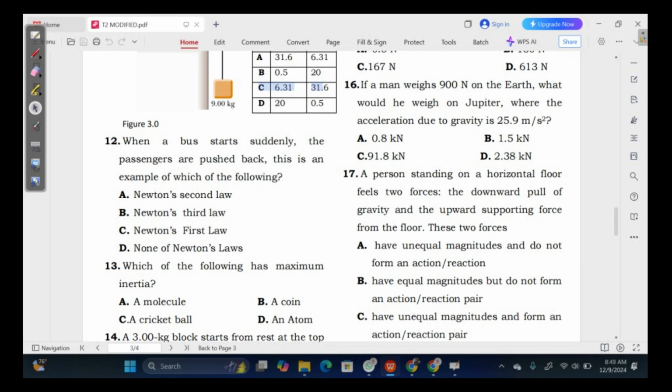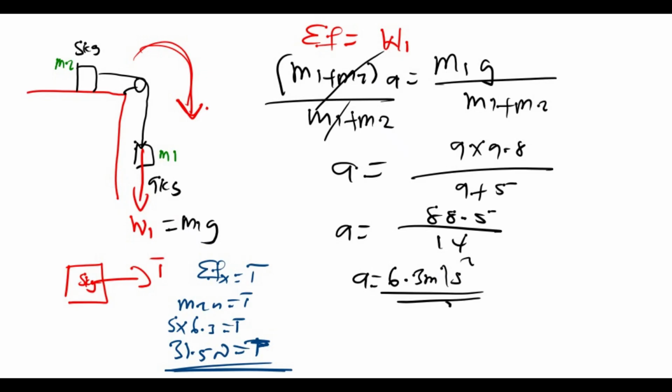So they are saying this is an example of Newton's first law. Inertia is an example of Newton's first law of motion. So we say that when an object is at rest, it will continue being at rest.